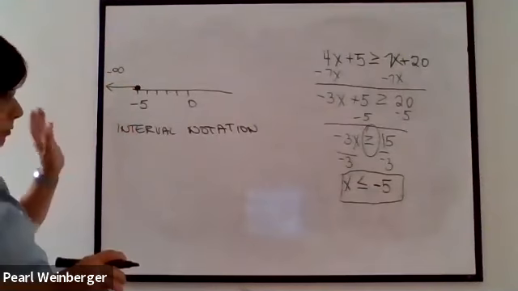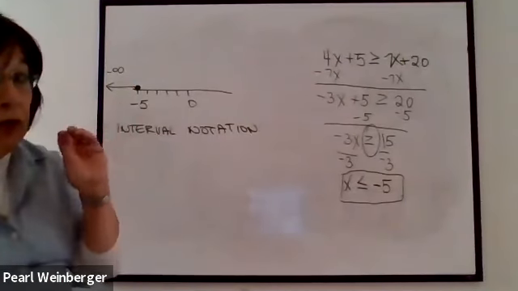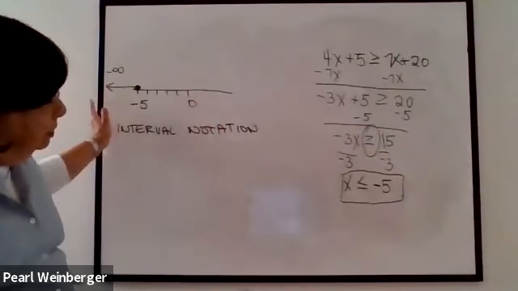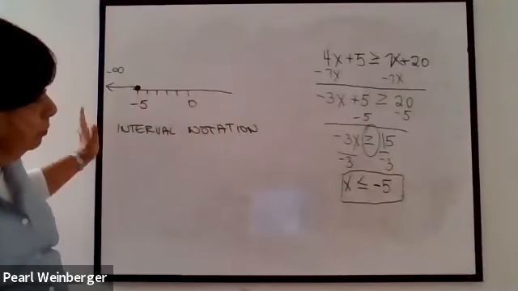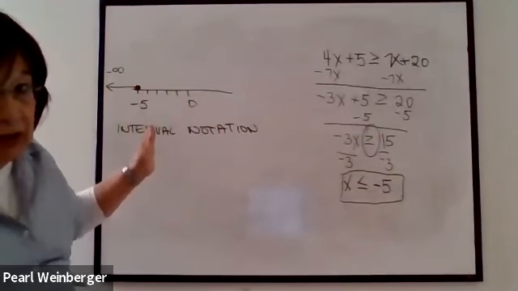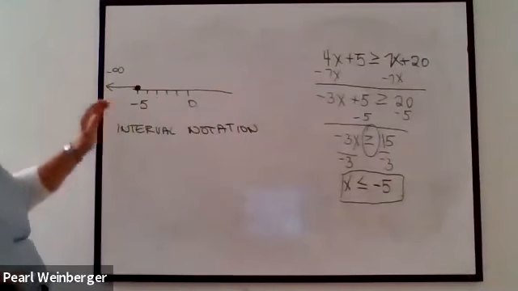When we talk about intervals, we're always going from left to right. Since our number line increases as we go from left to right, our intervals always have to be mentioned starting at the left and going to the right.